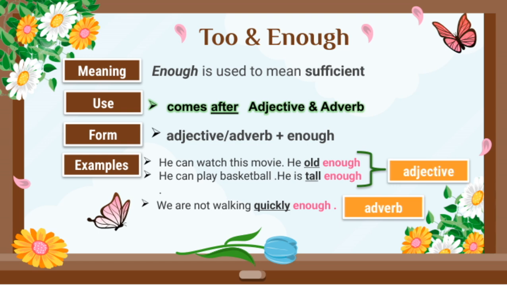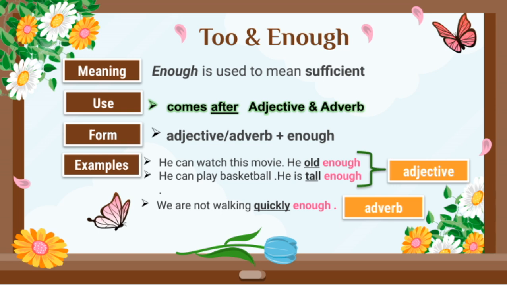Similarly, he can play basketball, he is tall enough. Here, tall enough indicates he is sufficiently tall to play. The key point is that enough with adjectives and adverbs comes after the word they describe. Using enough helps us talk about whether something is sufficient or not. It's important to remember that enough is used to mean sufficient, while too is used to mean more than necessary.